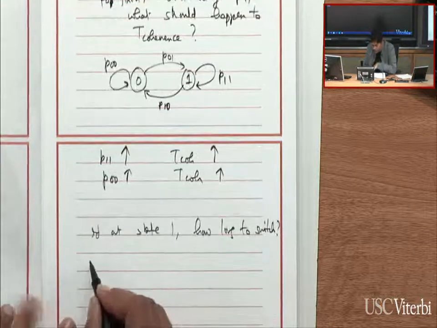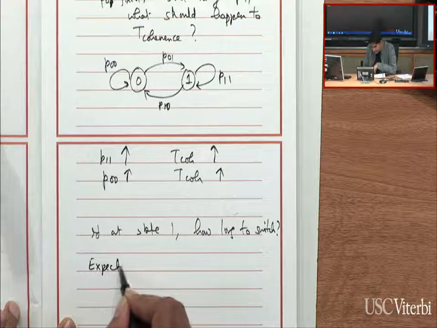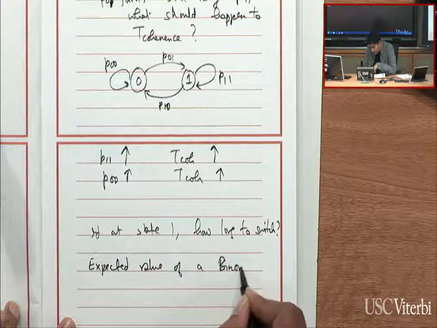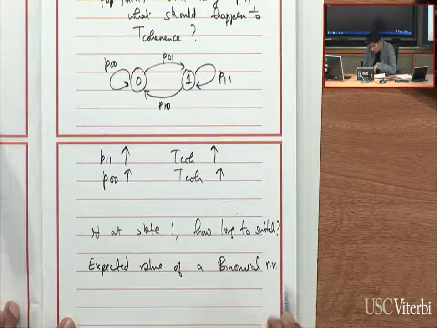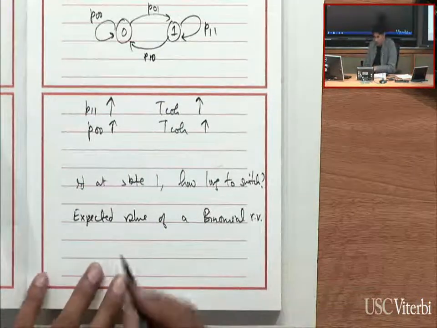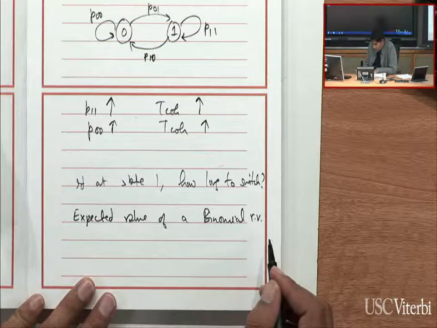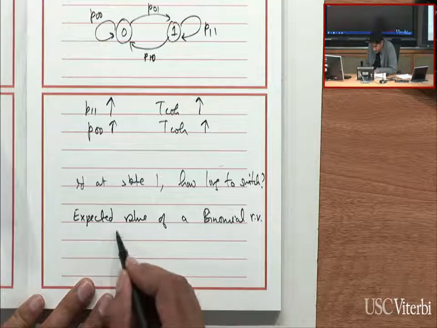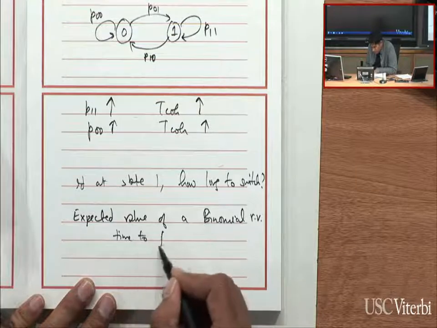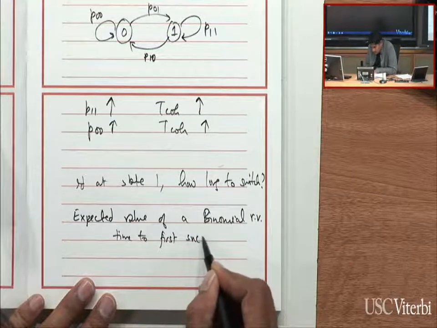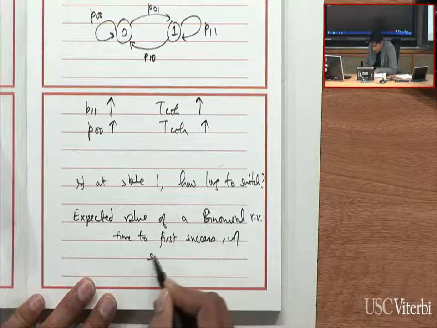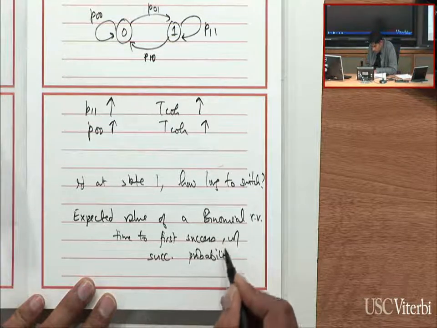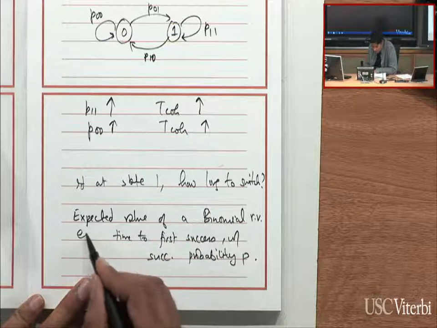So what we're looking for is called the expected value of a binomial. And a different way of saying this is the expected time to first success with success probability P. Okay.